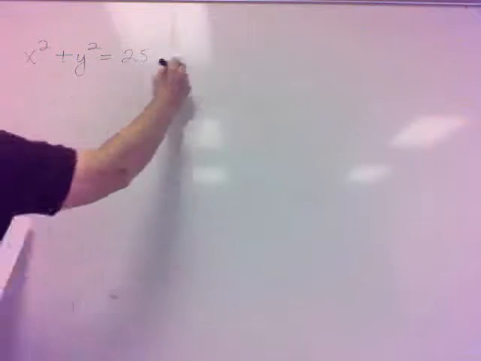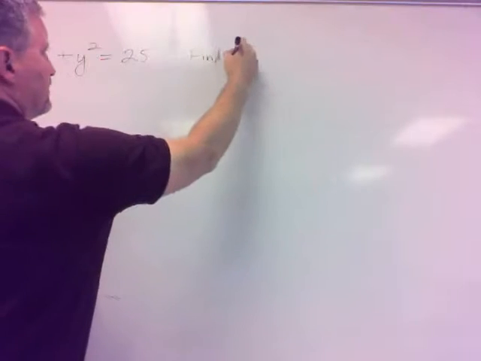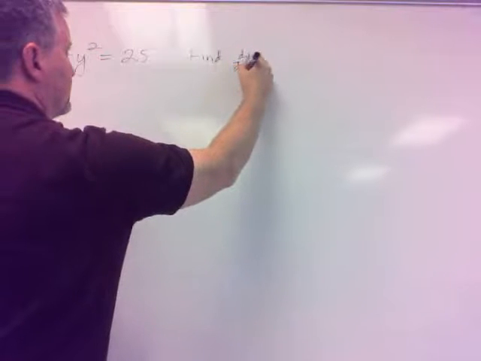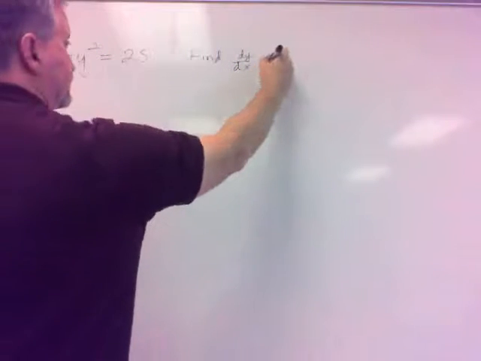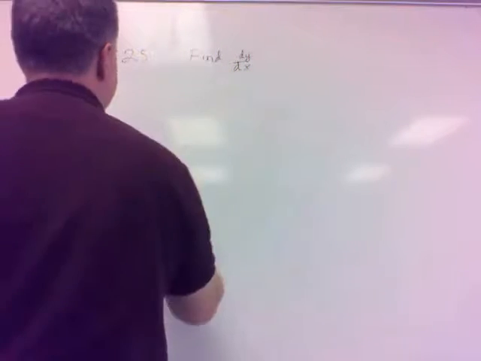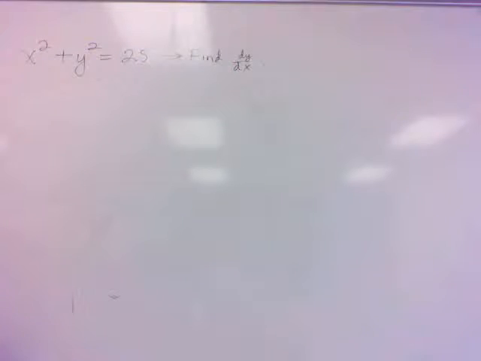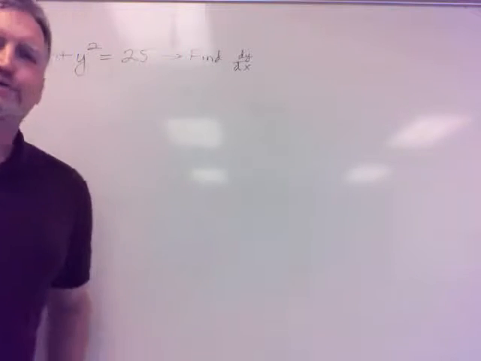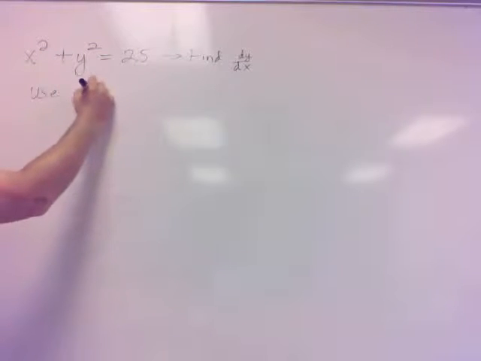Let's find dy dx, also known as y prime, but we're going to call it dy dx for various reasons right now. Okay? Here's what I'm going to do. We're going to use implicit differentiation here.